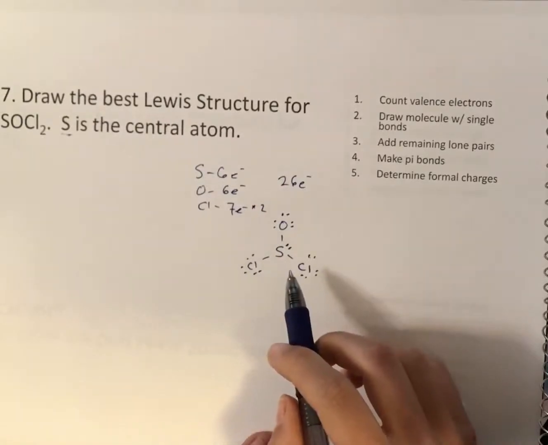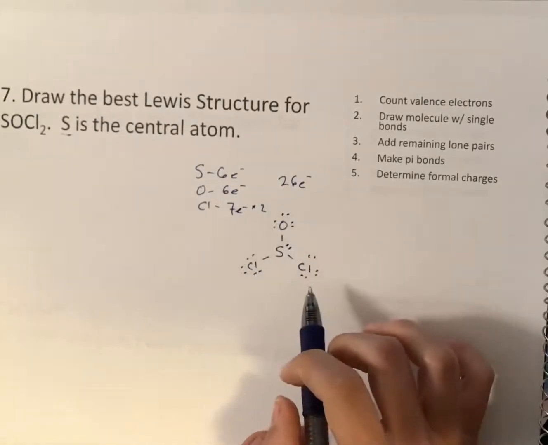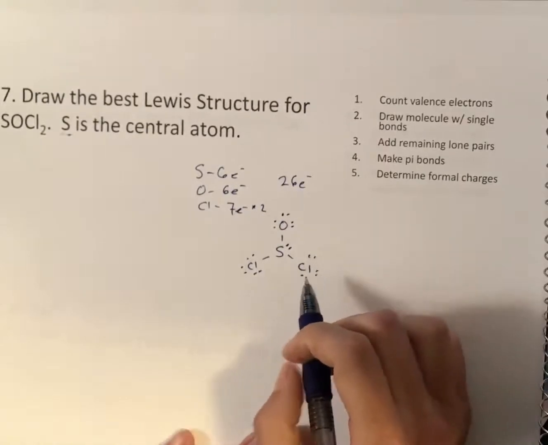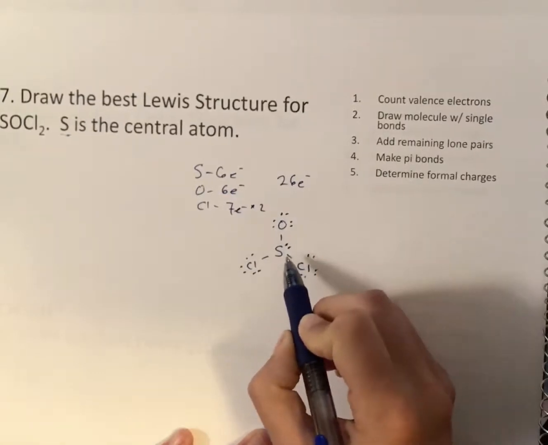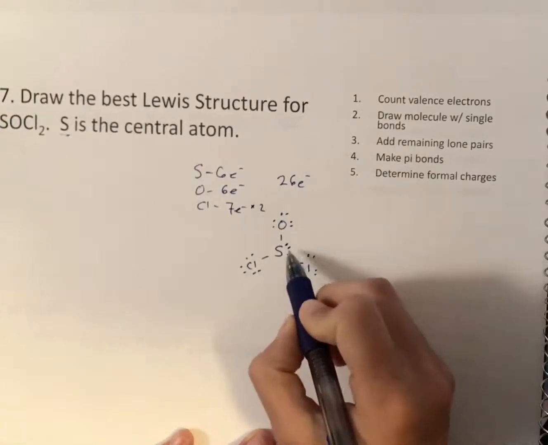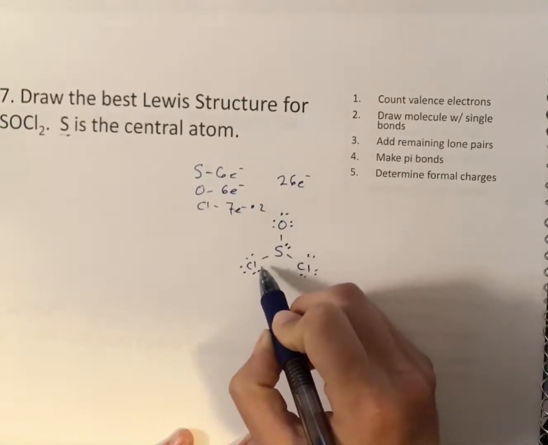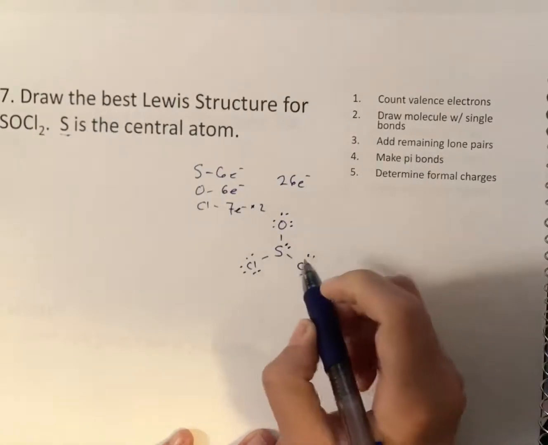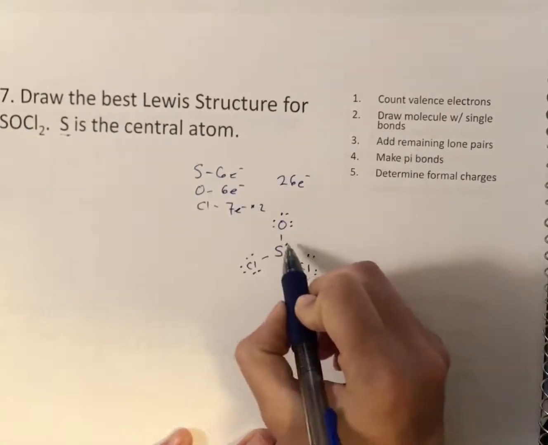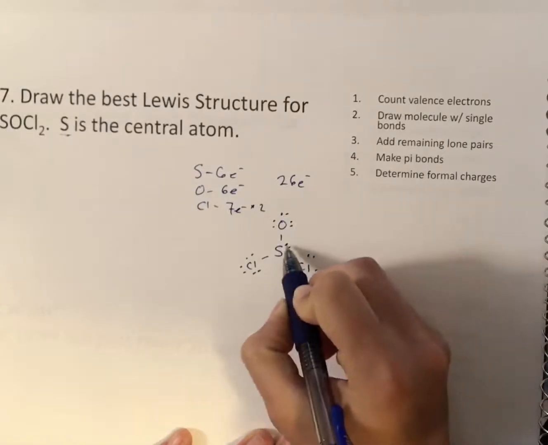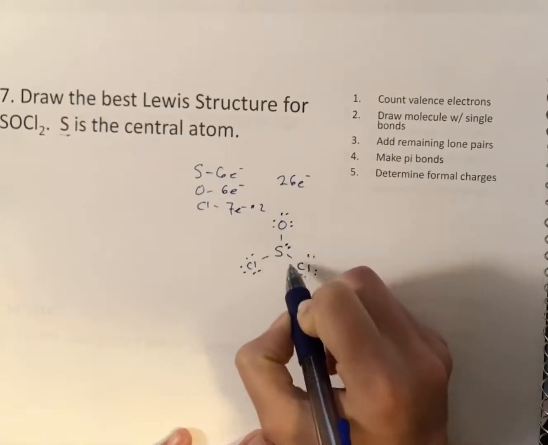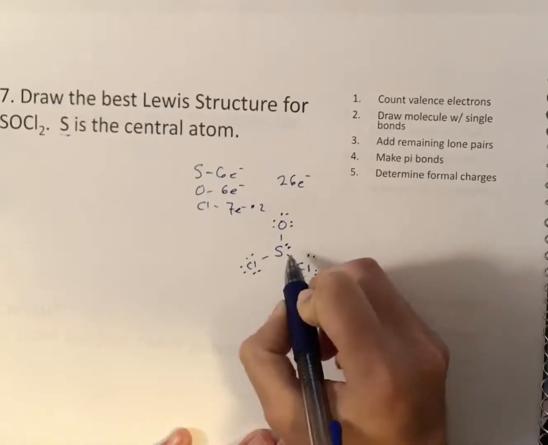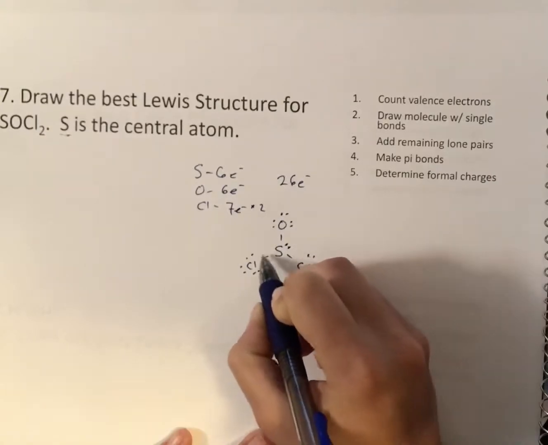So now what we need to do is look at our charges here. If we look, we can see that this sulfur does have 8 electrons with it. But if we look at formal charges, the lone pairs here would be 1, 2, and then with the single bonds, we can only count 1 per each single bond.